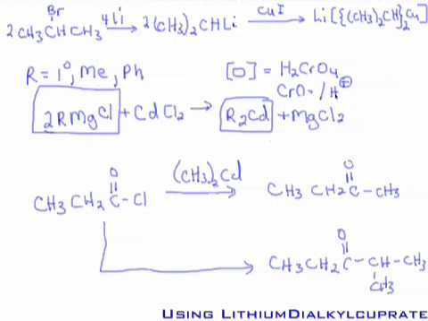Lithium diisopropyl cuprate. Now, if I use lithium diisopropyl cuprate, let's write that down here. It is a weaker alkylating agent than an alkyllithium or Grignard, but it's stronger than dimethylcadmium.